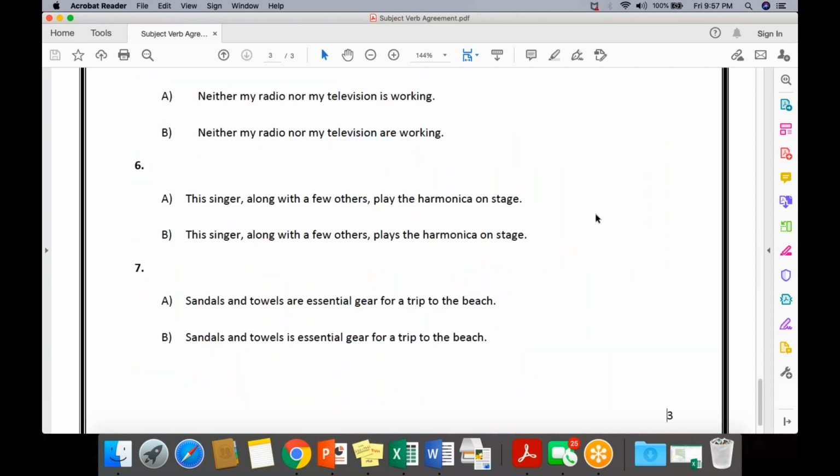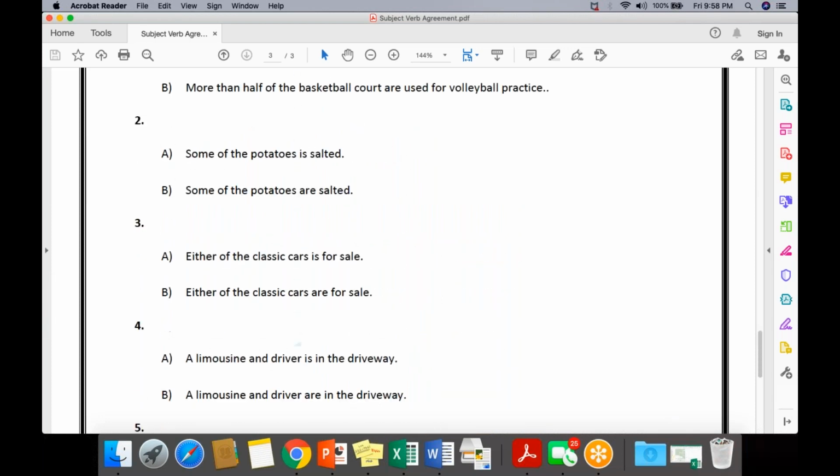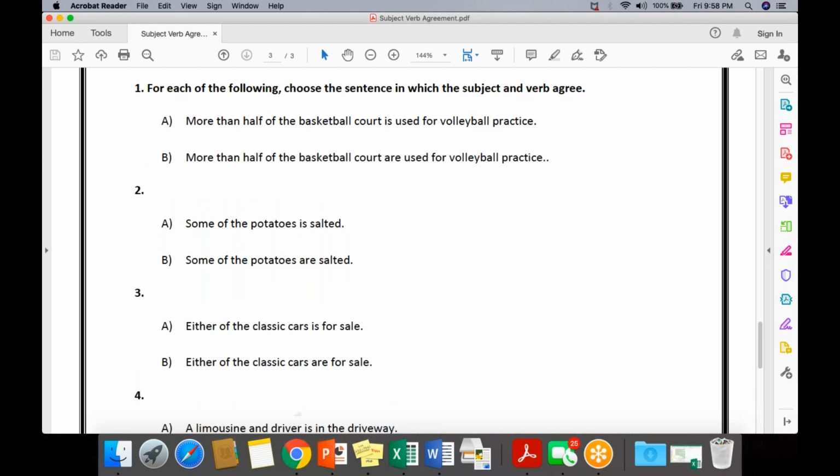Let's do a few examples. Tell me in question number 1, which of the two sentences is correct? Which of the two sentences is correct or are correct? First of all, tell me this. Which of the two sentences is slash are correct? Is correct. Perfect.